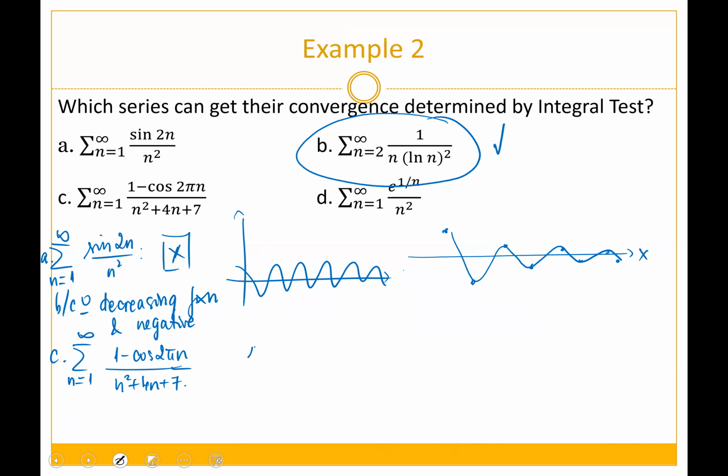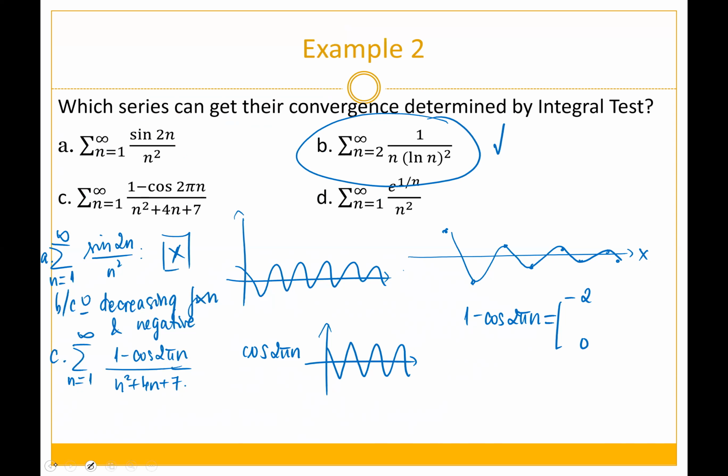The problem with cosine 2 pi n is that it also fluctuates between negative 1 and 1. So when you have 1 minus cosine 2 pi n, the value that you're going to end up having is either 2 or 0.